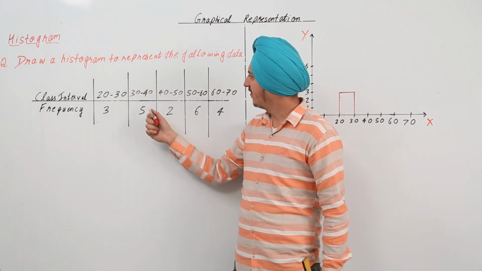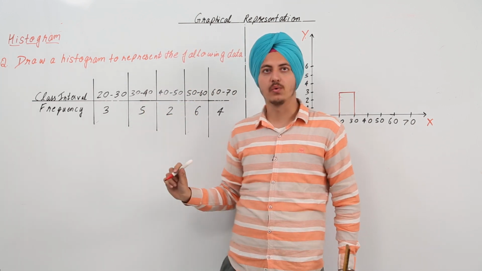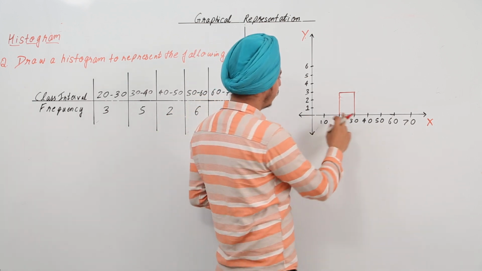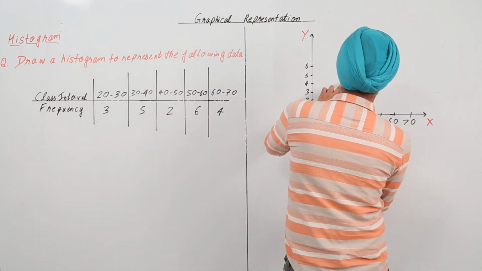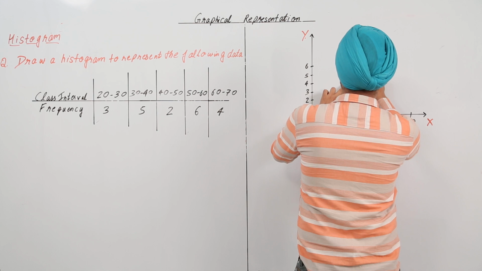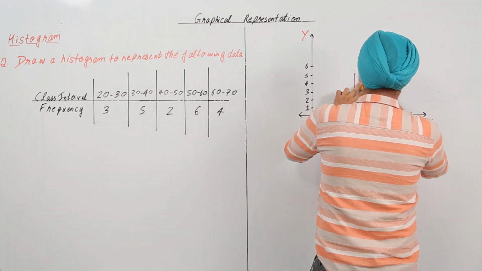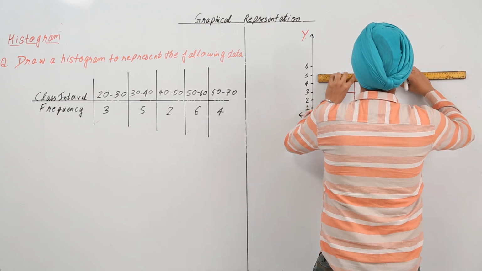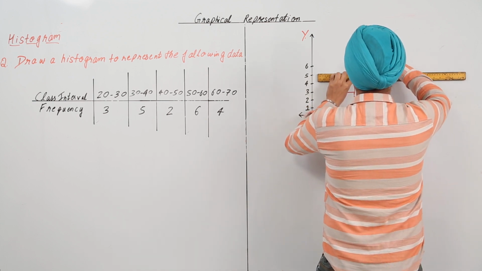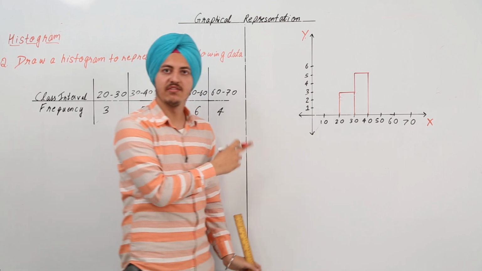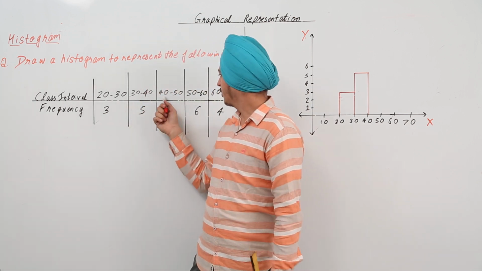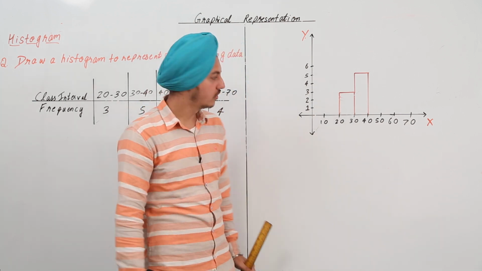The next we have is from 30 to 40, the frequency is 5. So from 30 to 40, you take this graph to a frequency of 5. Okay. So this is 30 to 40, frequency 5. Next is 40 to 50, frequency is 2.